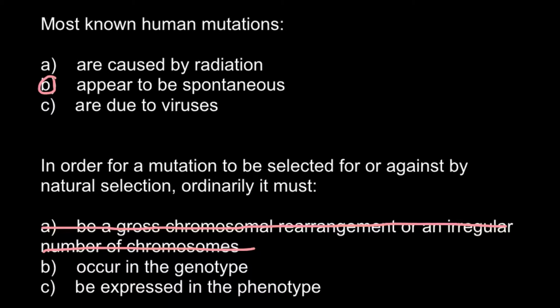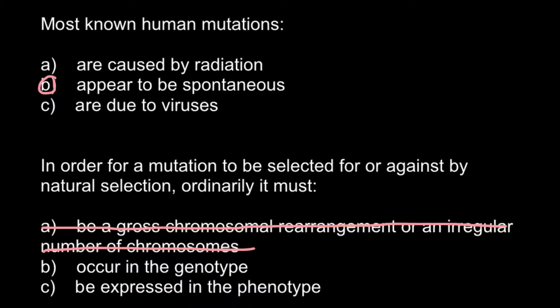We can say that genotype is the broad meaning, and phenotype would be the narrow sense meaning. So we cannot just say that such a mutation should occur in the genotype, but we also can say that it should be expressed in the phenotype. So in phenotype and genotype.